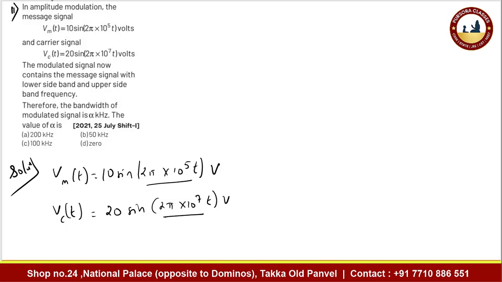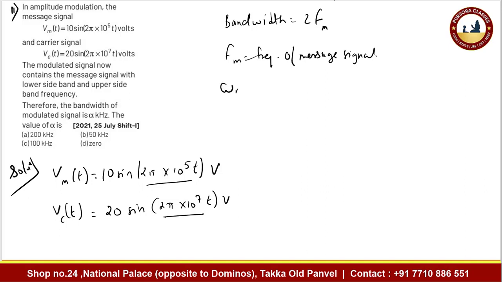Whereas these terms are your omega, the angular frequency. Now we know the bandwidth is twice of fm, where fm is the frequency of the message signal, and omega m is the angular frequency of the message signal.